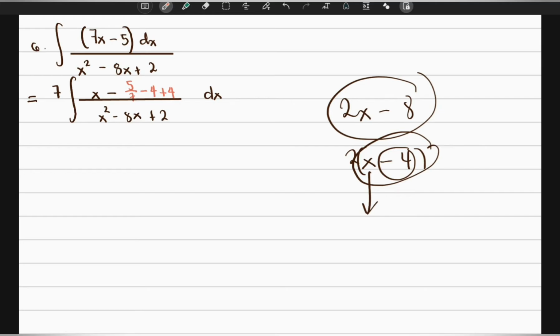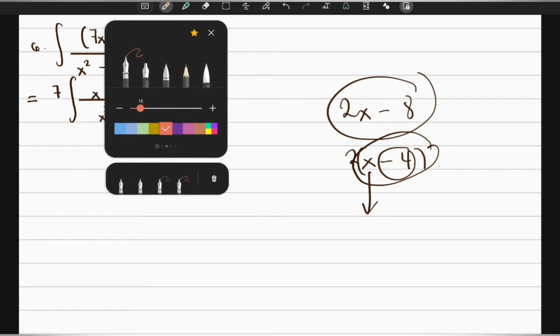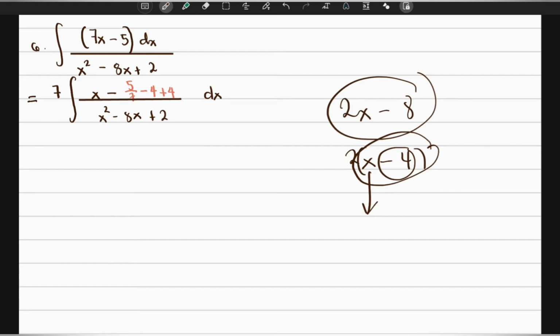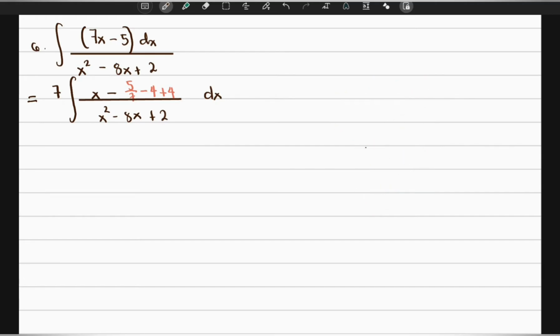Okay? Okay. So, ganito na yung gagawin natin. So, we have 7 times the integral of x minus 4. So, pagsasamahin na natin yung x minus 4 para dito sa first term, magagamit natin yung du over u.